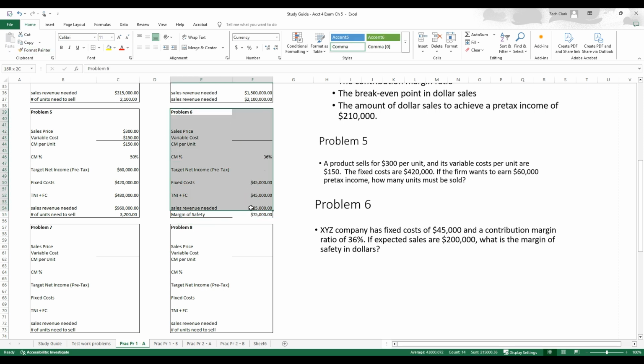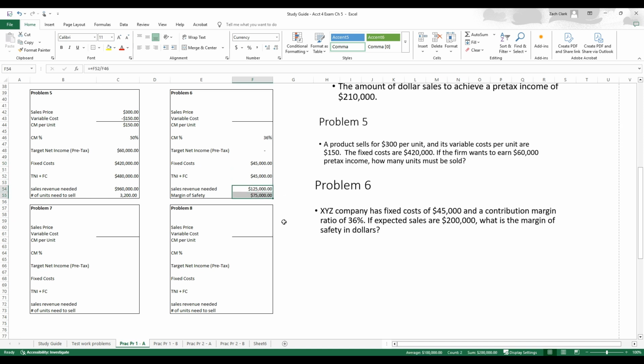So what we're saying is we have $75,000 in sales that can be reduced before we get to the break-even point, and if it keeps reducing below the break-even point, then we would potentially get into a net loss scenario. But for our purposes here, if we earn those expected sales, then we've got that $75,000 margin of safety.